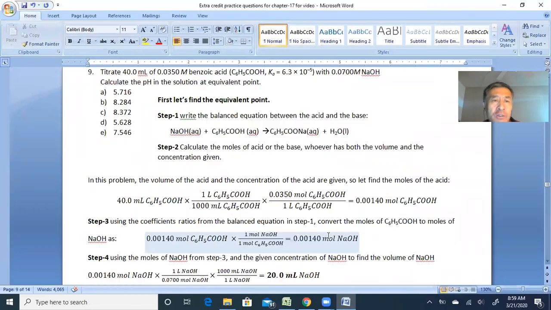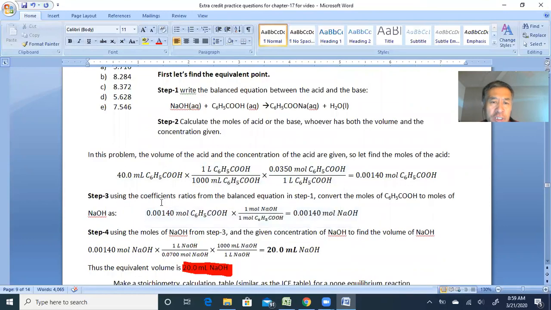Okay, so question 9 still has the same titration, but you want to find the pH of the solution at the equivalence point. We will follow similar steps as in question 8. We first write the balanced equation between the base and acid. Then we calculate the moles of the acid, because the acid has the concentration given and also the volume given.